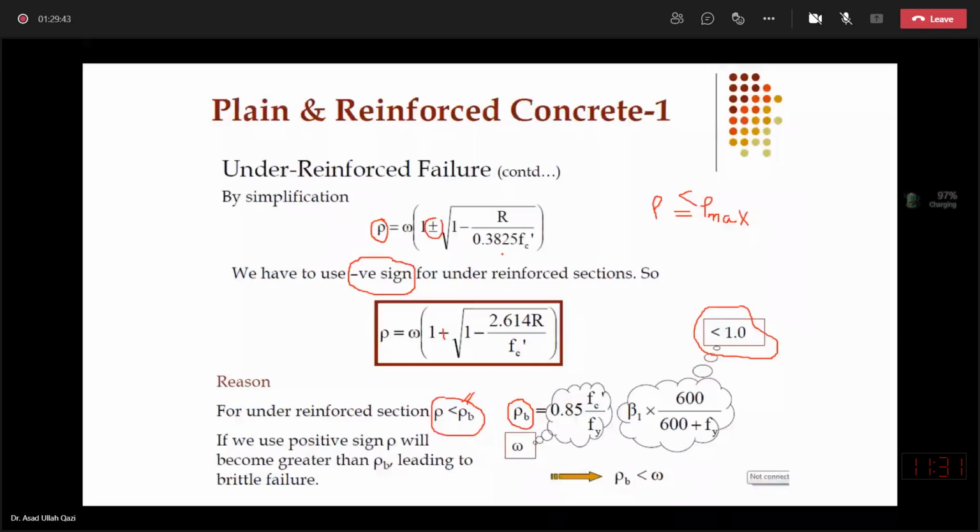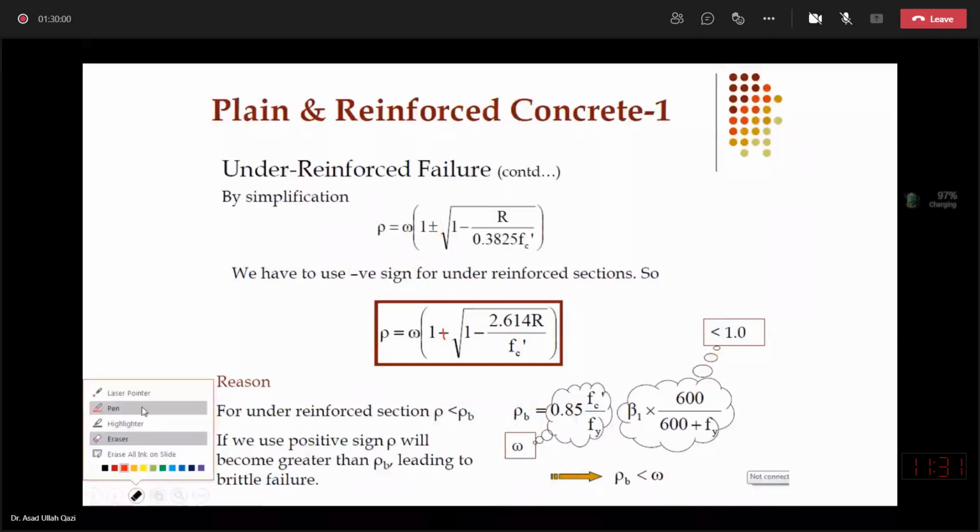So it is up to you whether you memorize this equation, or I can rewrite this equation in a more expanded form.